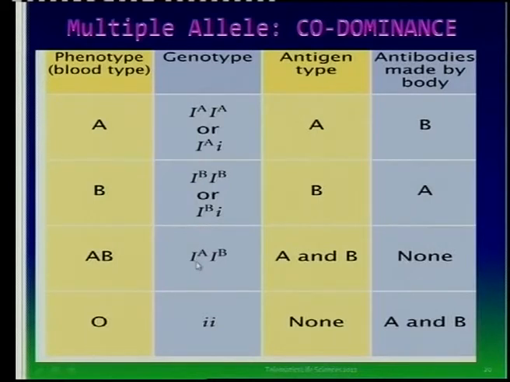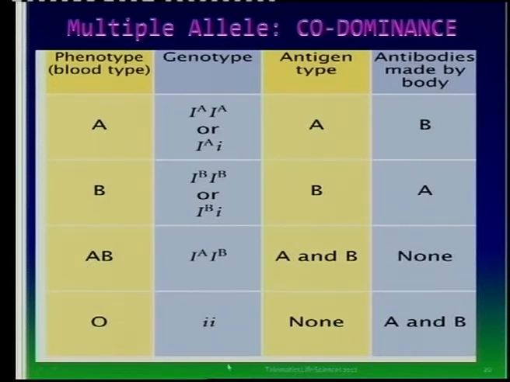If we get the dominant A allele with the dominant B allele, then we don't have one that's dominant over the other. We've got 2 different alleles here, an A and a B. But both of these alleles will express themselves in the phenotype, and that's why we have the blood group AB.